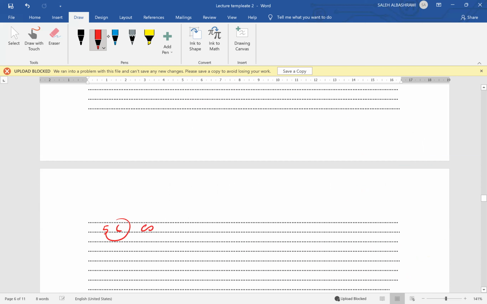Let's find cosine of sine inverse of 3 over 4 plus cosine inverse of 5 over 13.